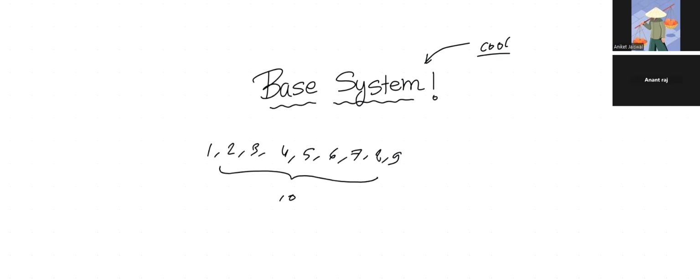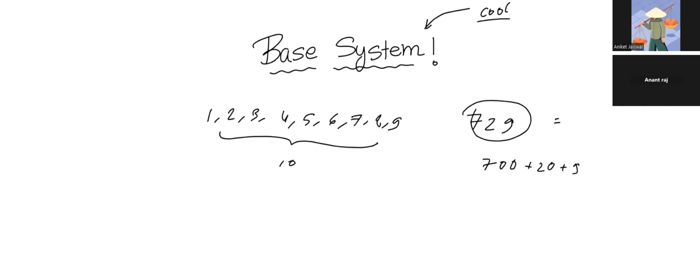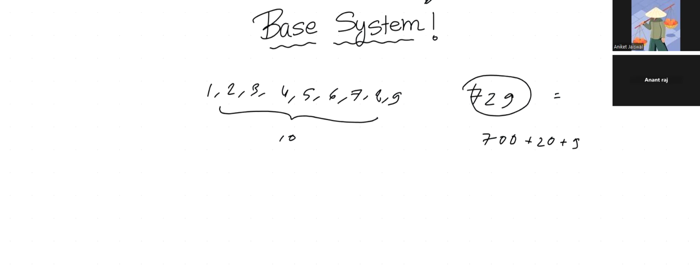It's obvious to us by now: it's 700 plus 20 plus 9. In our way of writing, any number can be represented by these 10 digits, zero also, like 900 or 100.